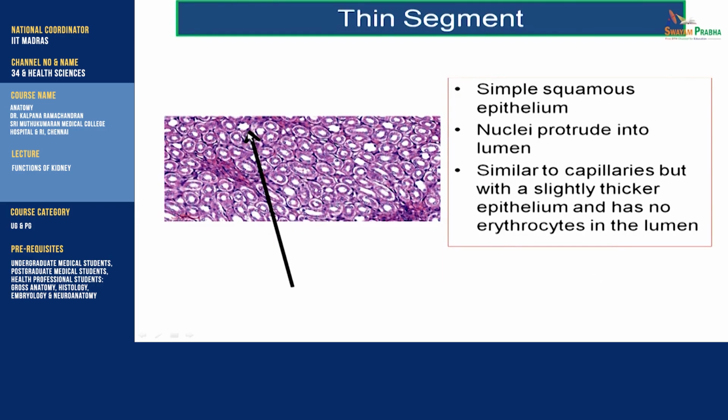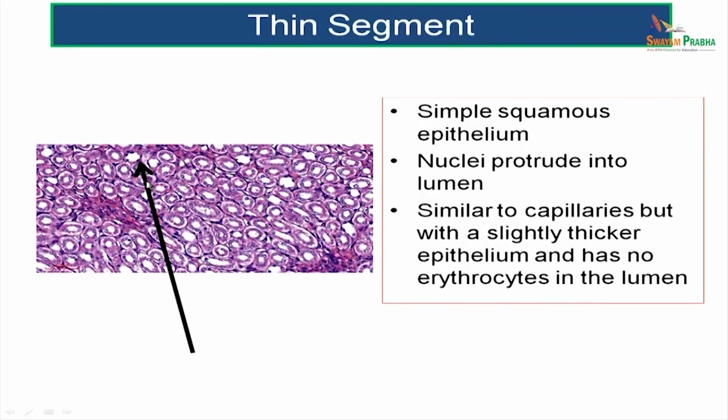So, how to identify thin segment of loop of Henle in the medulla of the kidney? The lining epithelium, as you can see from this structure which is pointed out, is simple squamous epithelium. You can see that nuclei protrude into the lumen.